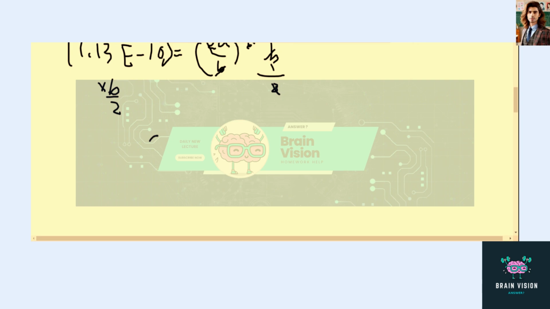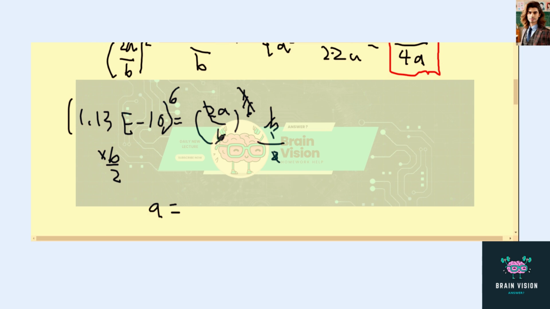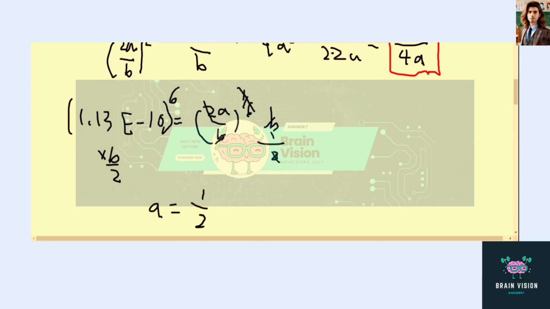So our a will end up equaling, if you plug this into the calculator, we will end up getting 1/2 times, actually no, we can just leave it like this. So this is our value for a.